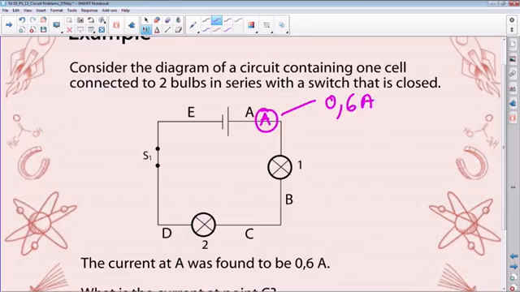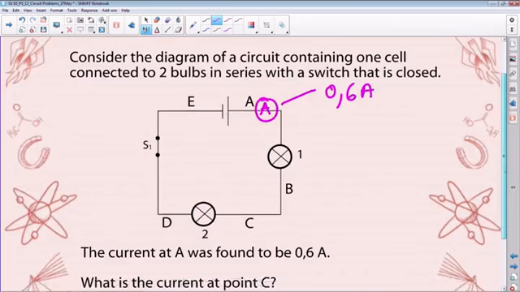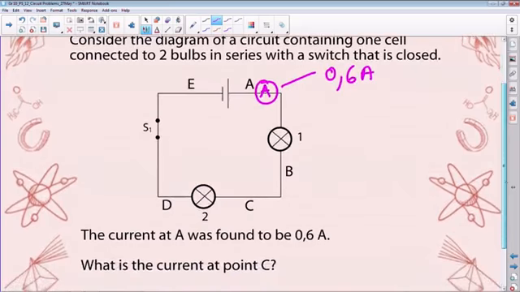So the SI unit of current is the ampere. Very, very important. If you think of it in terms of the concept, it says 0.6 coulombs of charge pass through point A per second. That's what it means. So that and that are exactly one and the same quantity.